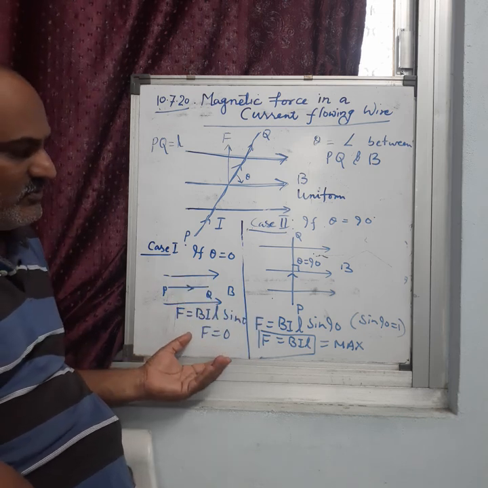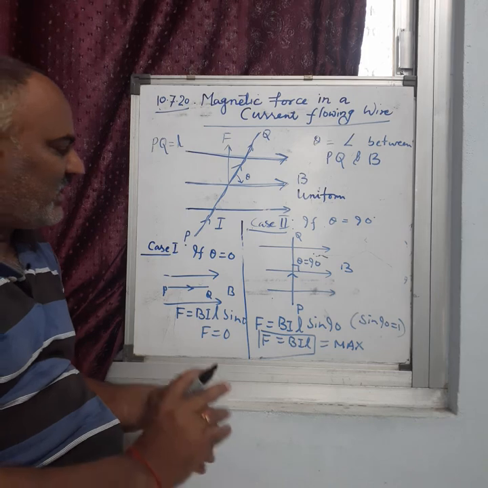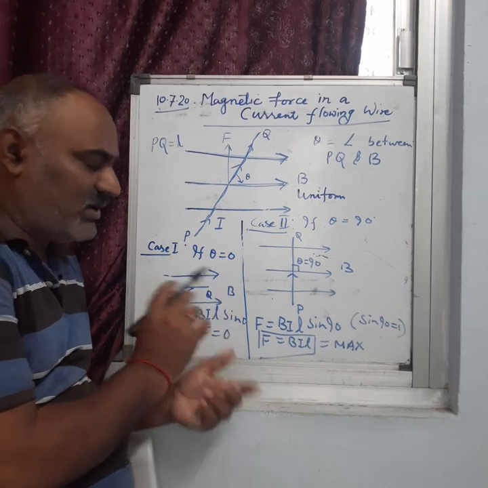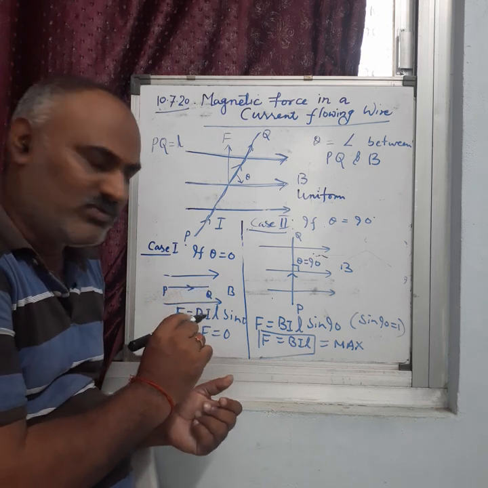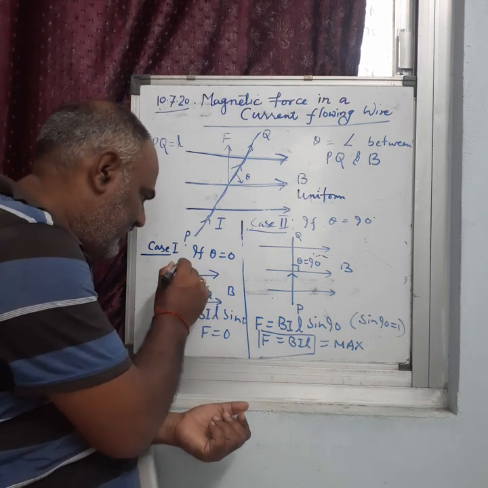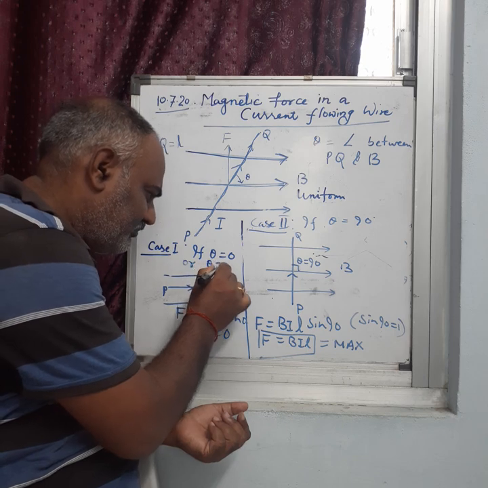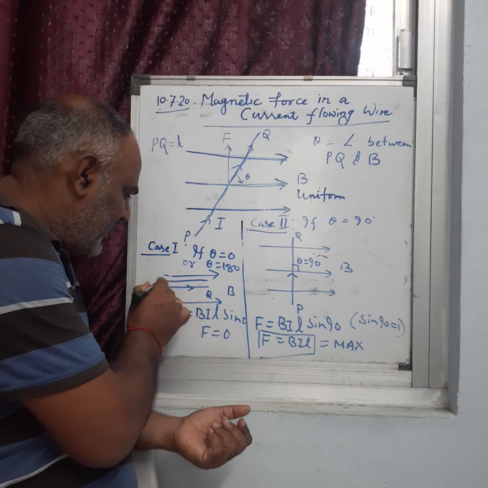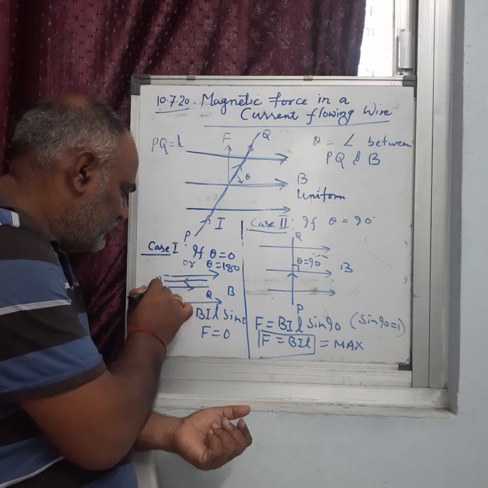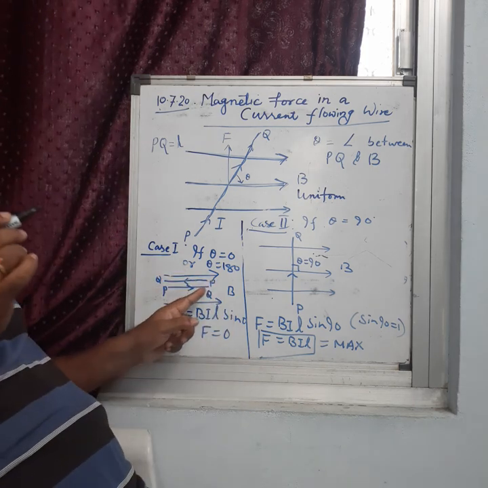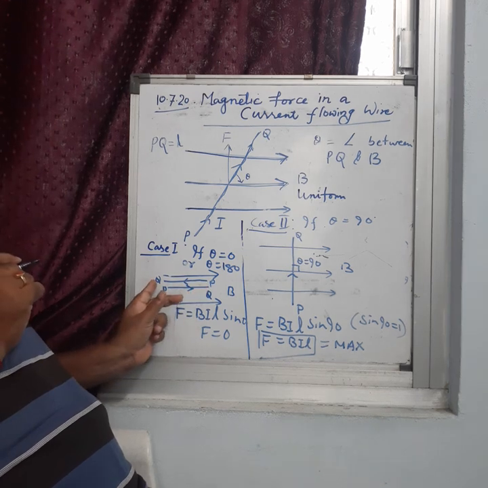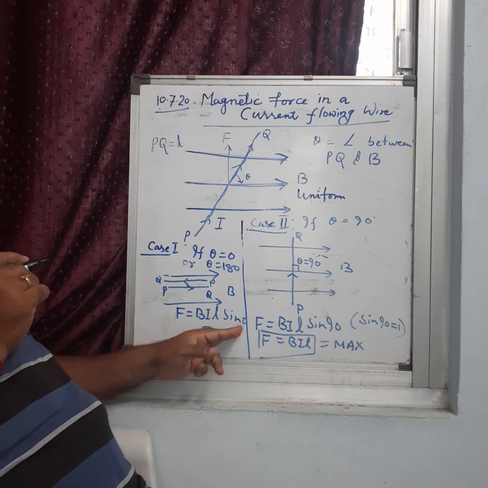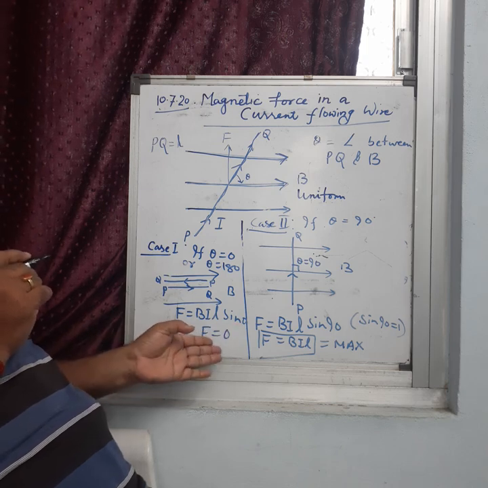Here no force. We can also see that if theta is 180 degrees, what is the meaning of theta 180 degrees? The wire PQ is reversed, like that: here is Q and here is P. In this case theta is 180, sine 180 will again be 0, again force 0.